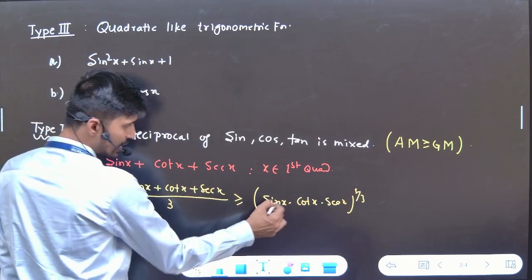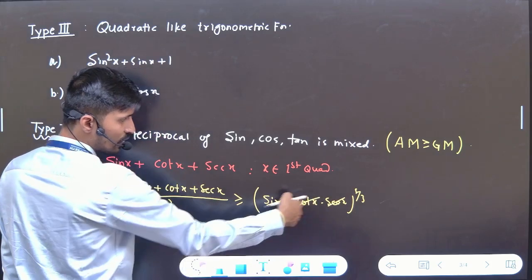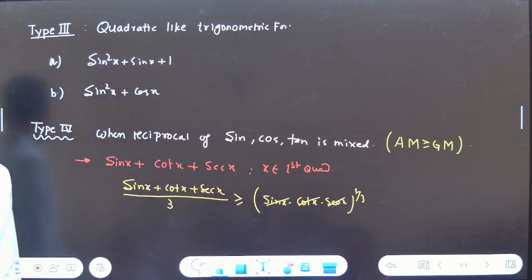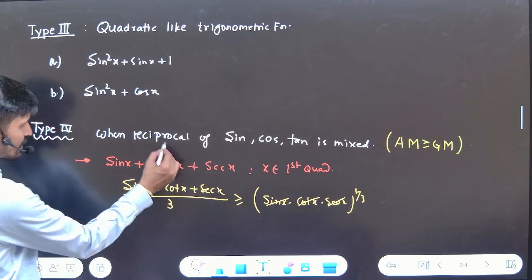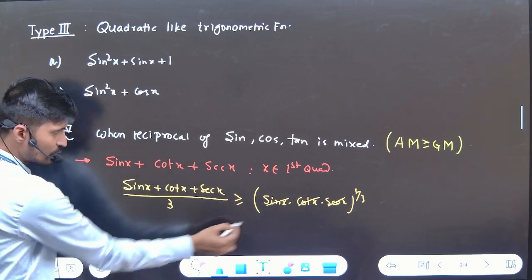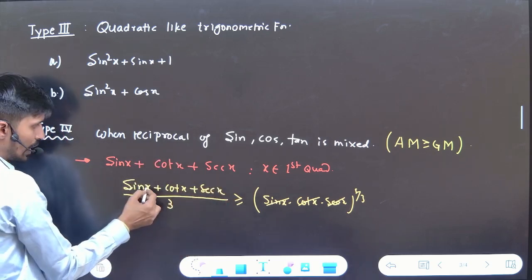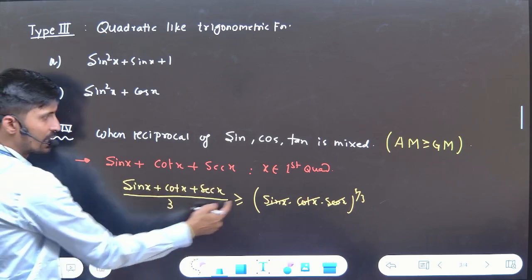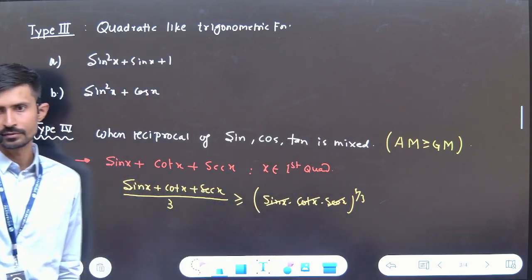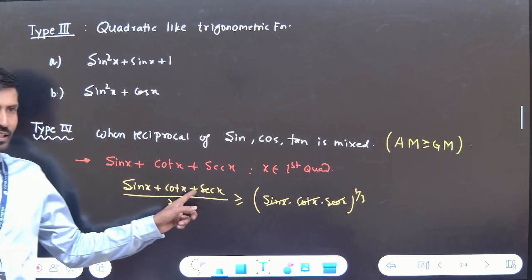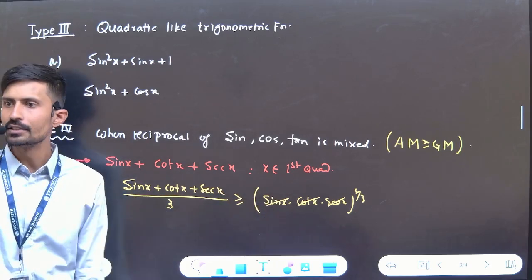Now see, sin x, sec x, cot x all get cancelled and it becomes 1. What is unique in this calculation? You have to find the range of an addition and their product is 1. So AM gives the sum, and GM gives the product.